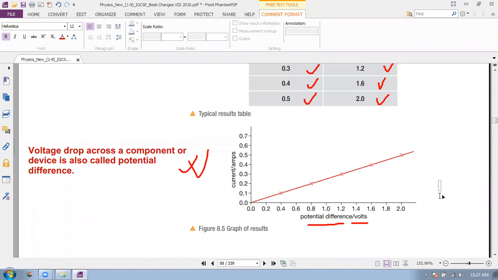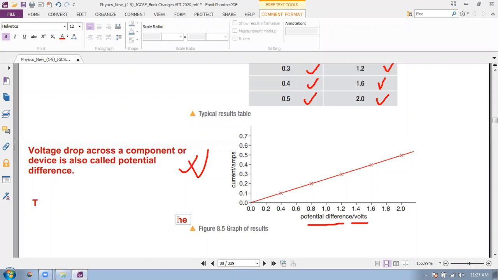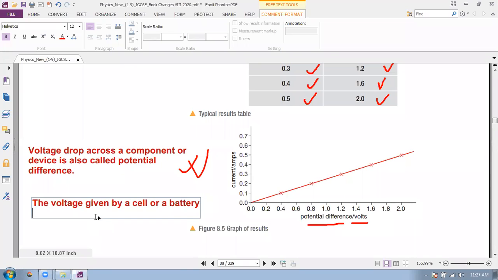And the voltage given by a cell or battery is called supply voltage.